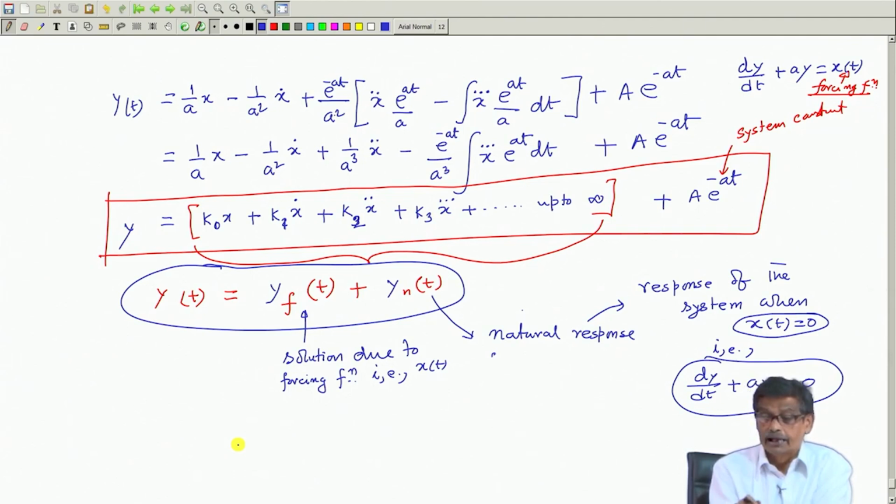I now identify that the total solution of the system has got distinctly two pieces. One piece depends on the forcing function on the right hand side, and the other part is the natural response when x t is 0. And when x t is 0, natural response will be like this. That is what we have found. Got the point?